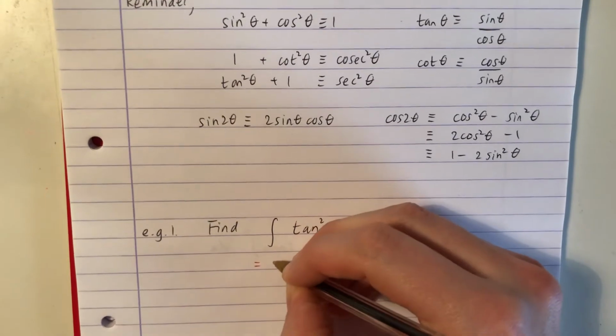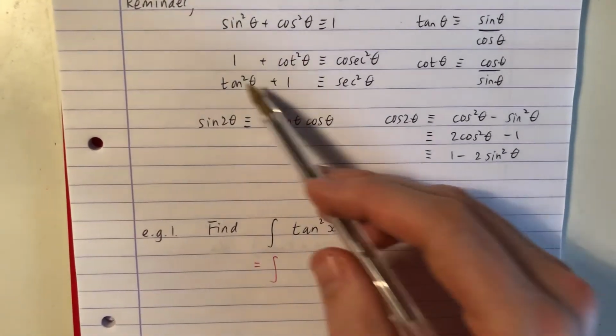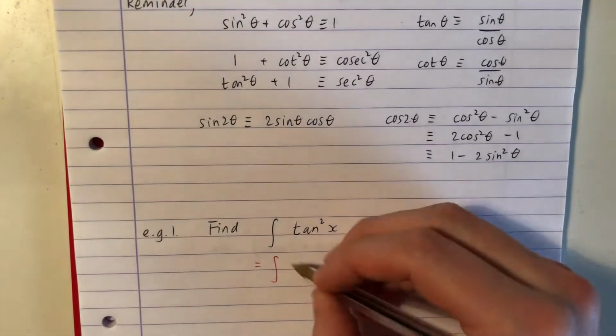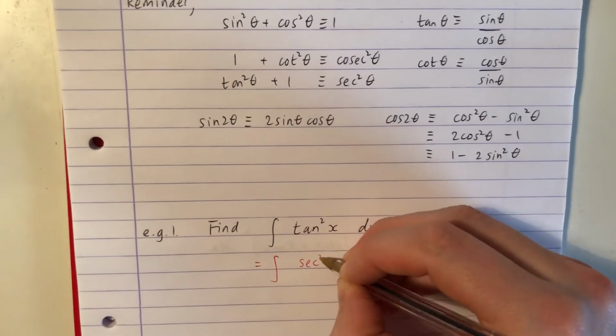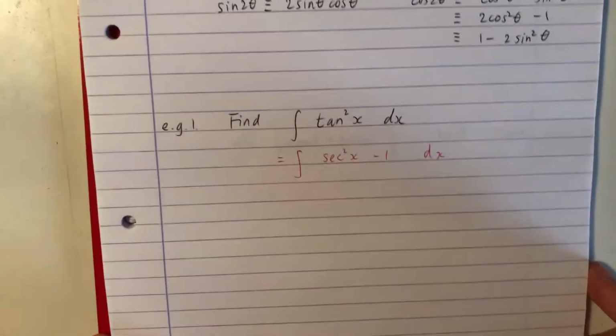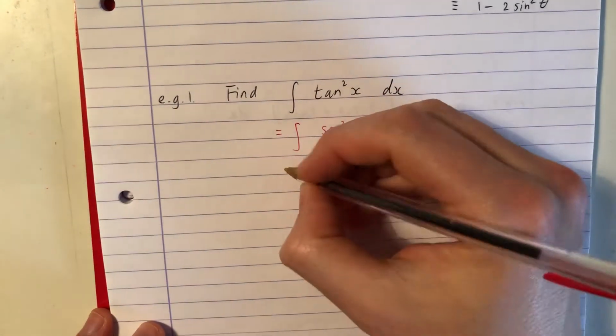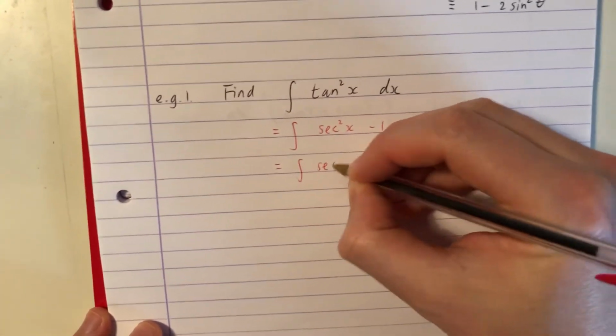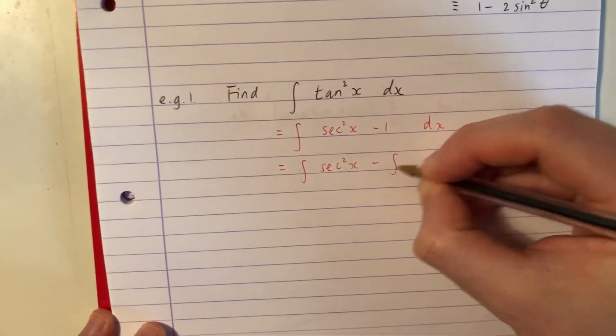So this is equal to, make tan squared the subject, the integral of sec squared x subtract 1 with respect to x. I'm claiming you can integrate both of these separately.